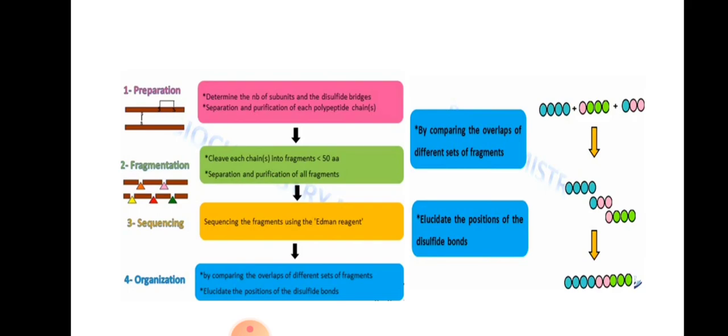Once we have the N terminal and C terminal, we can identify the entire amino acid sequence by using Edman's degradation method. We get several overlaps of different sets of fragments, and complete sequencing is done by comparing the overlaps of different sets of polypeptide fragments. So these are all the steps in sequence analysis of protein.